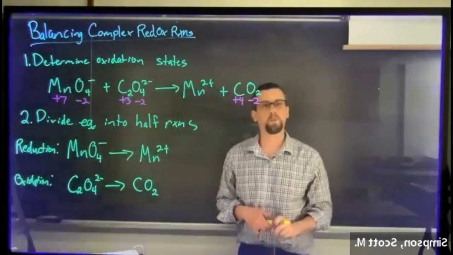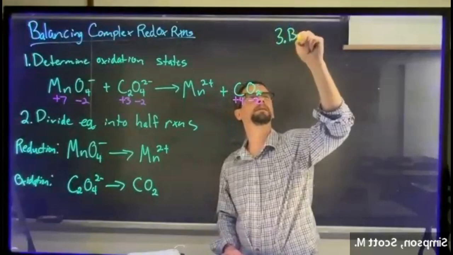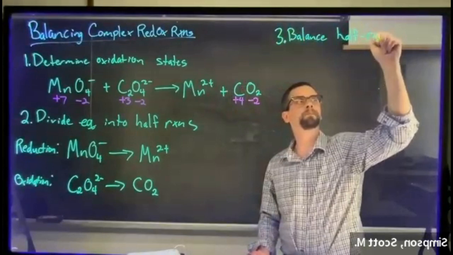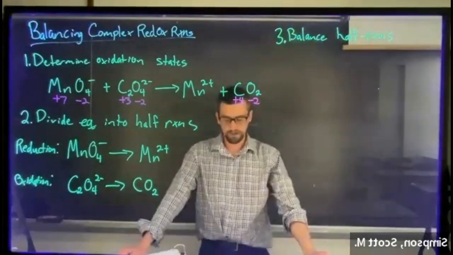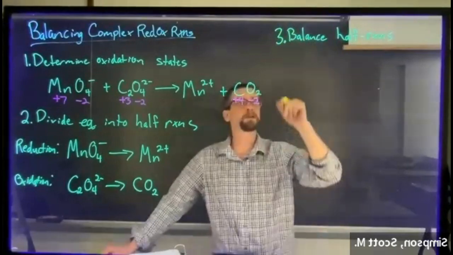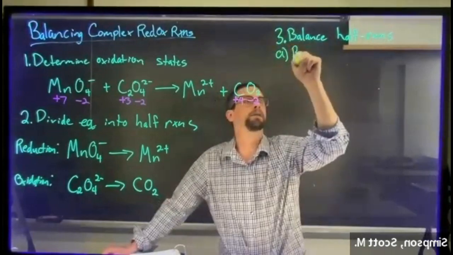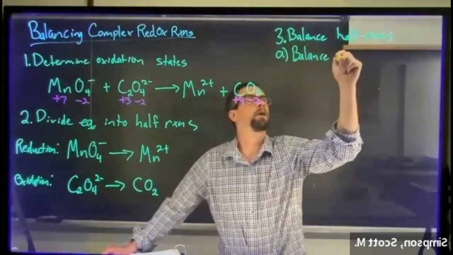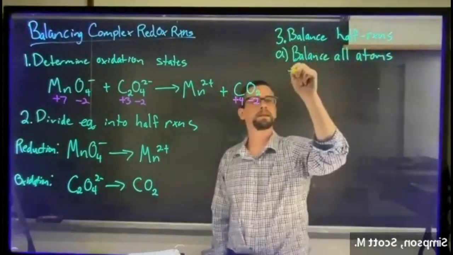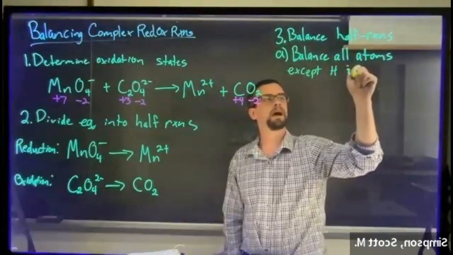Okay, what we want to do next is balance the half reactions. The way that we want to do this is you want to follow a set of steps. You first want to balance all atoms or elements except hydrogen and oxygen.